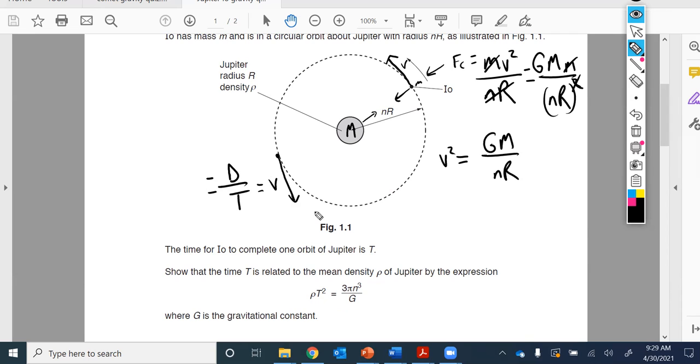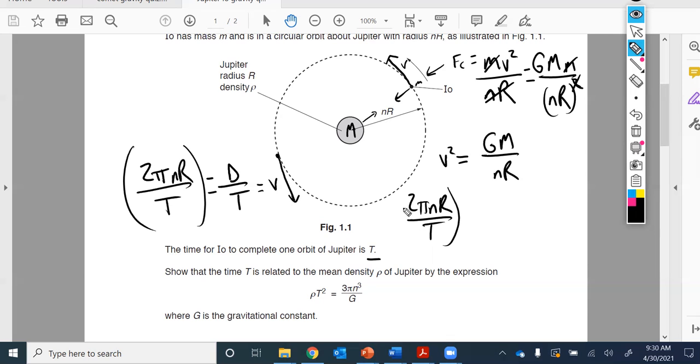The distance around a circle is going to be 2 pi, and the radius of this circle is nR, so 2 pi nR, divided by time T, they define the time it takes to orbit as this capital letter T. So that's what velocity is. Velocity squared is equal to this. What's velocity again? 2 pi nR over T. This equation says that velocity is squared.